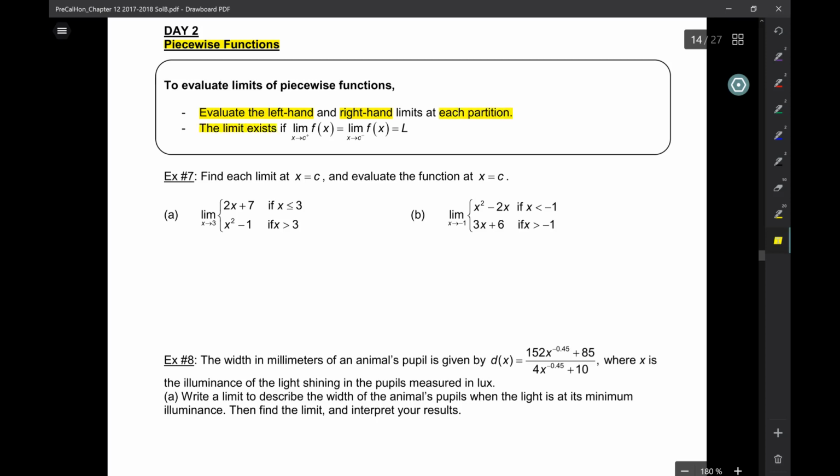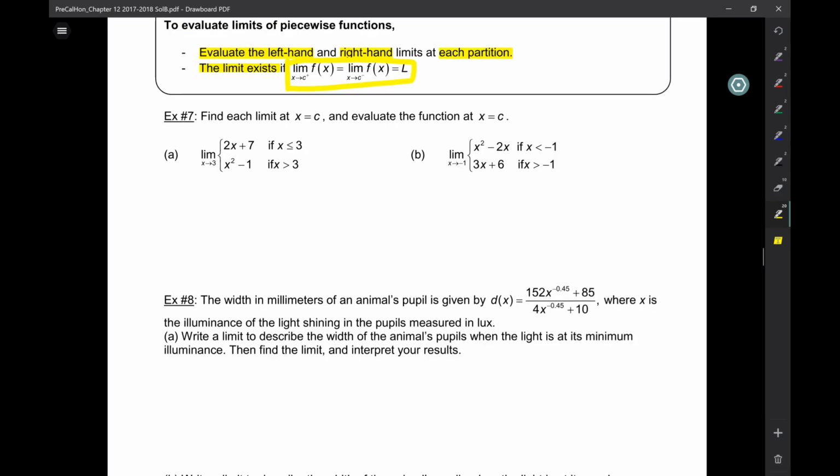And the limit will exist if the limit as x approaches c from the right is the same as the limit as x approaches c from the left. So if it's the same limit from the left and the right. And we have done a little bit of this. So here, for each limit at x equals c, find the limit and evaluate the function at x equals c.